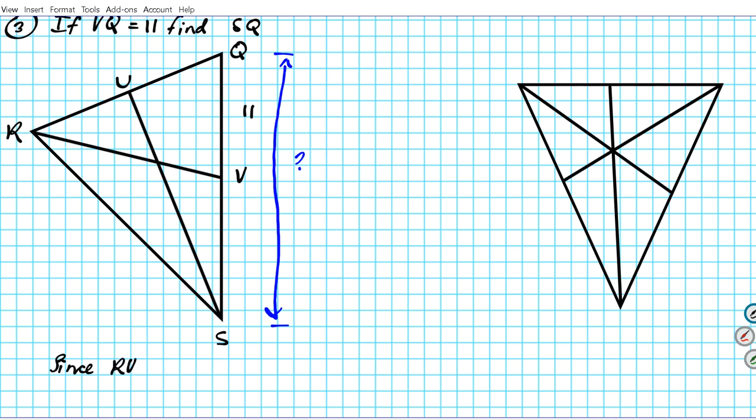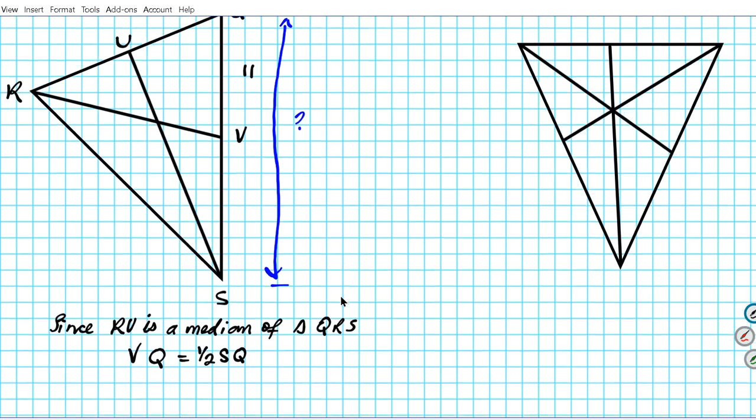Since RV is a median of triangle QRS, what do we know is the relationship between this portion and the entire length? This portion right here, QV, or VQ, doesn't matter, is equal to 1/2 of the entire length SQ. Okay? All right, so now we're going to use what we know to find what we need.